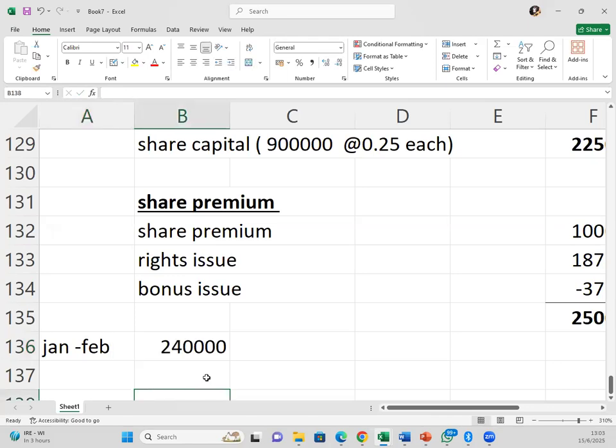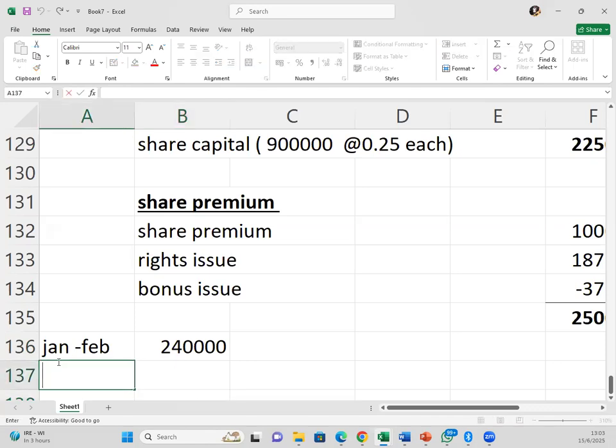For January and February, we had 240 assets. Which is it, 1st of March or end of March when we sold? It actually means from January to March, we had 240 assets.